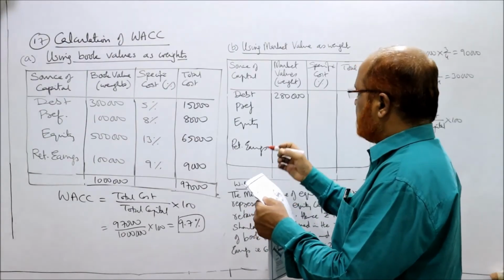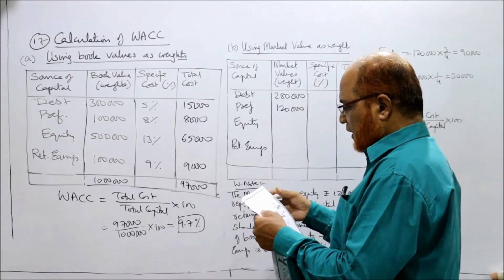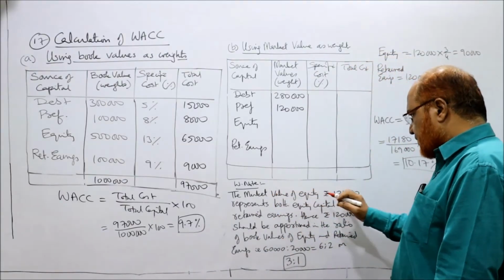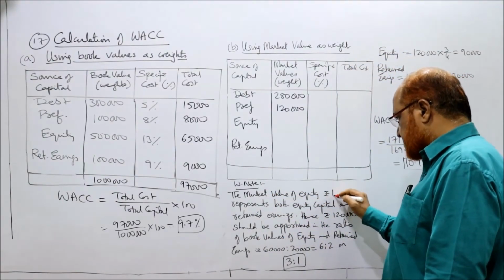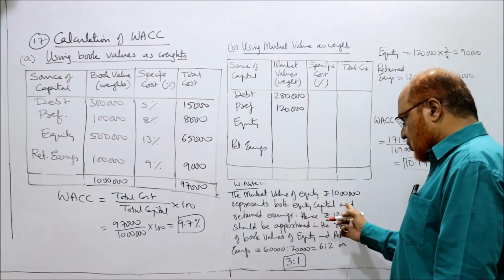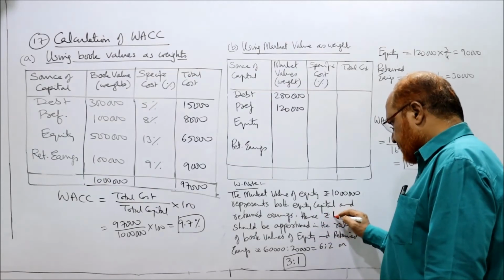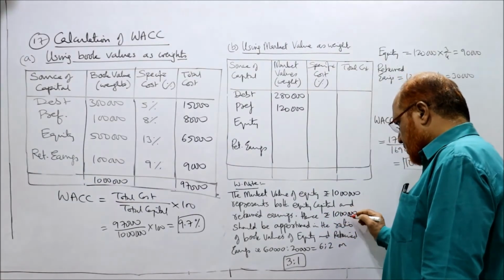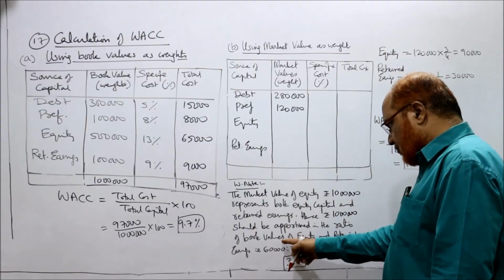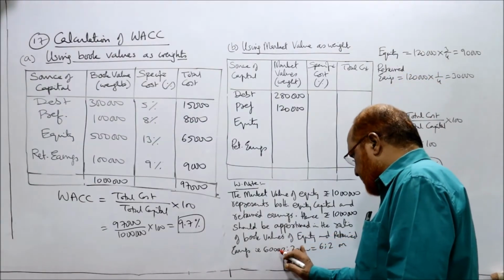And preference is 1,20,000. The market value of equity is given as 10 lakh, representing both equity capital and retained earnings, hence rupees 10 lakh should be apportioned in the ratio of book values of equity, that is 5 lakh is to 1 lakh.